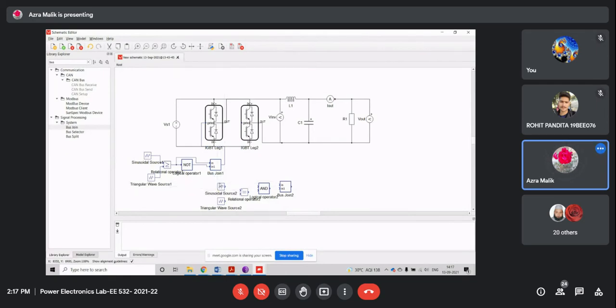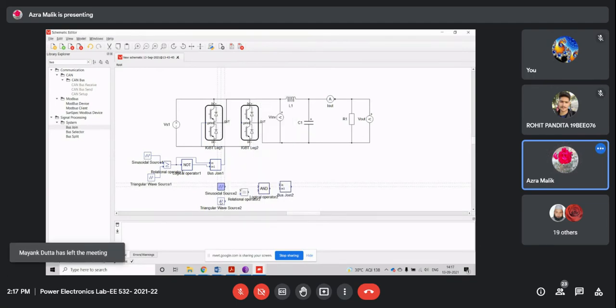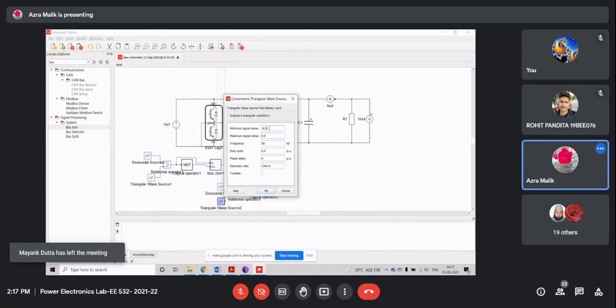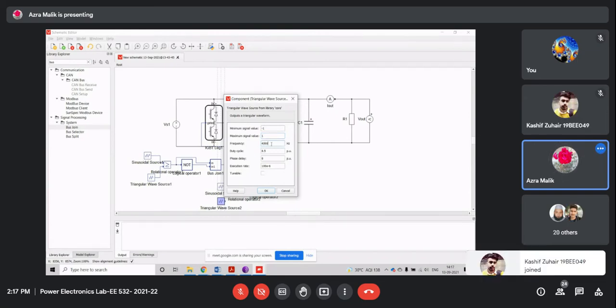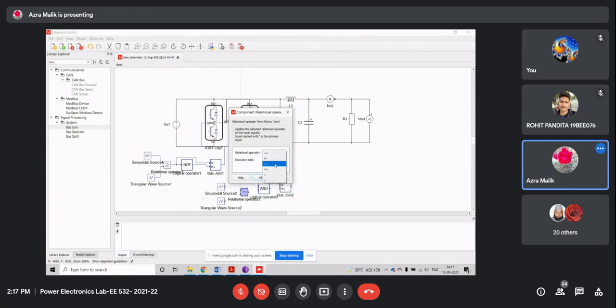Similarly, we can change the values for second leg also. For the second leg, the phase should be 180 degrees. Same values for triangular source. Same for relational operator.